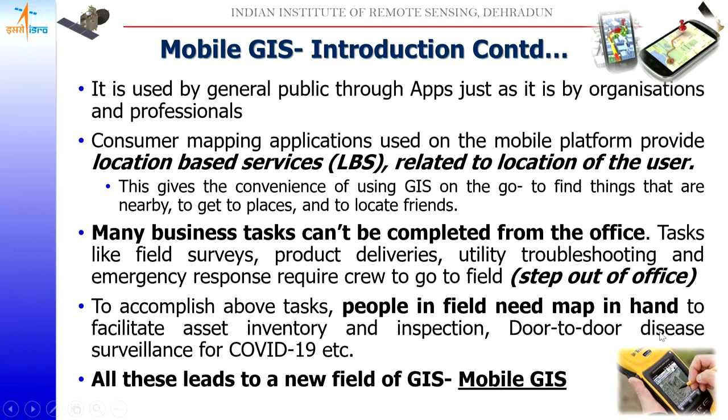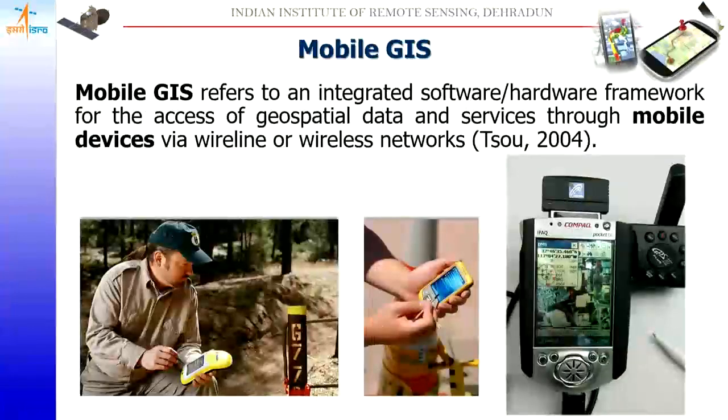And now also, for example in Delhi, door-to-door disease surveillance is also said to be done. So these kinds of mobile-based solutions are really helpful in carrying out this task in a quick amount of time, with fewer errors, and very fast results could be seen.